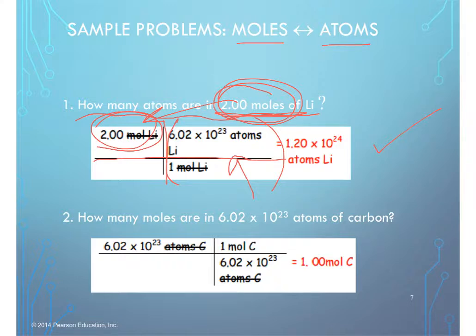But the way you arrange it, whether you have atoms on top or moles on top, is determined by the units of the given information. Since our units here are moles, the units in the denominator of our conversion factor must match, because algebraically we are going to cancel units on the diagonal. Remember, you're trying to switch units.